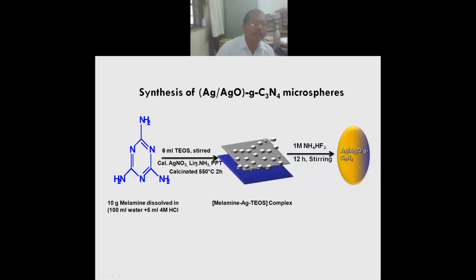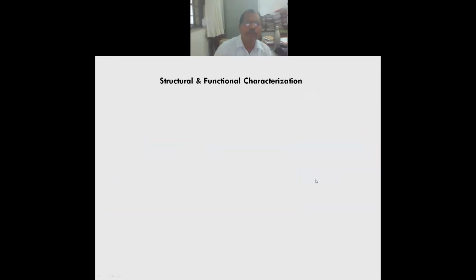A precipitate is obtained, and this precipitate is calcinated to get the melamine Ag tetraethyl silicate complex. This is treated with ammonium hydrogen difluoride for 12 hours to remove the silica present in it, and we obtain the Ag loaded g-C3N4.